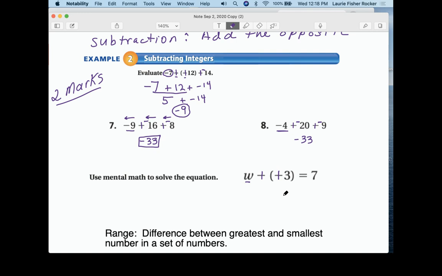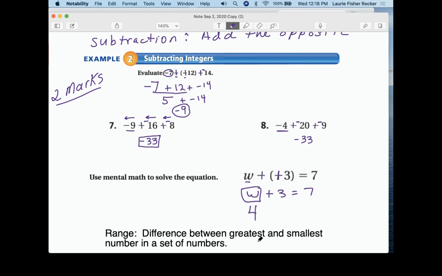Okay, that's cool. So this is really basically W plus 3 equals 7. So what plus 3 equals 7? Oh, that's why it's called mental math, right? But the mental math becomes easier when you recognize that I can do my 2 marks and make this a simpler problem. Okay, so you have a couple problems like that.